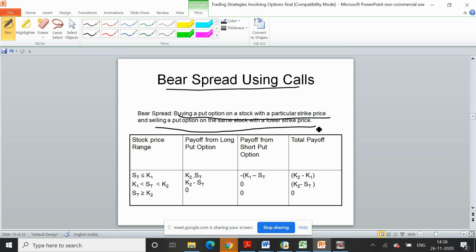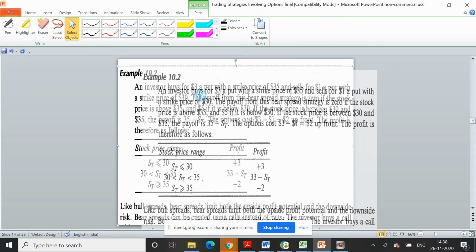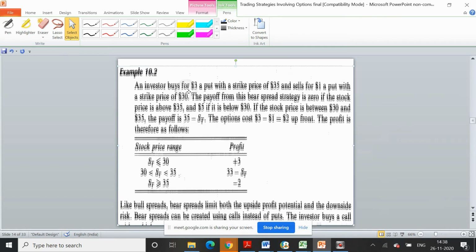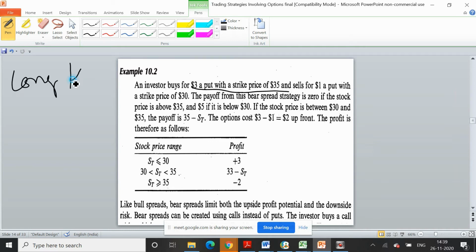Let's try to solve it with the help of an example. Let's say there is an investor who buys a put with a strike price of 35. So the long put is K2, that is 35.